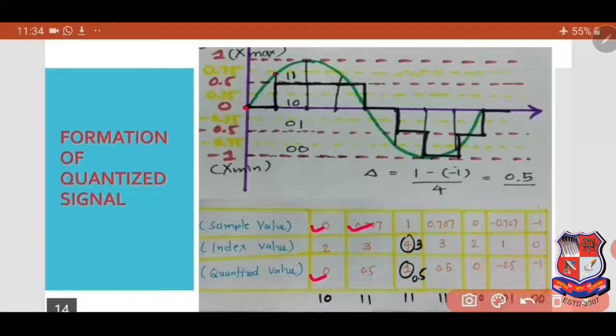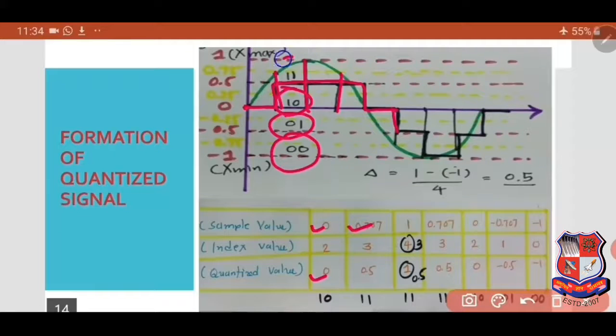So that's how this analog signal is sampled. Then we get this quantized signal, and from that quantized signal we get this digital output.